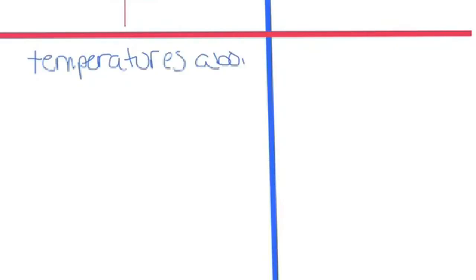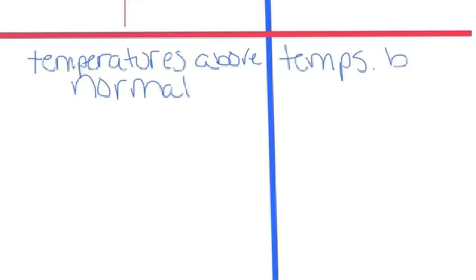So when we have temperatures above normal, that's positive. Those are positive. Temperatures below normal.